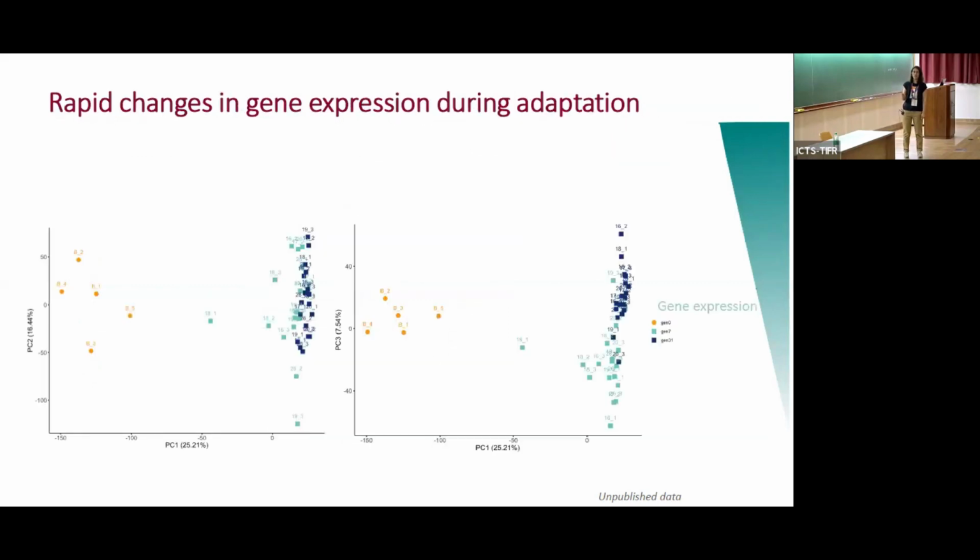And again, when we look at gene expression, the orange ones are the founder population, and different shades of cyan or navy blue are at generation 7 and 31 in these small populations that are being maintained in the ancestral diet. We see that there is some nice differentiation, and with PC3 we could nicely separate generation 7 from generation 31, exactly with the same pattern that we see in our large populations.